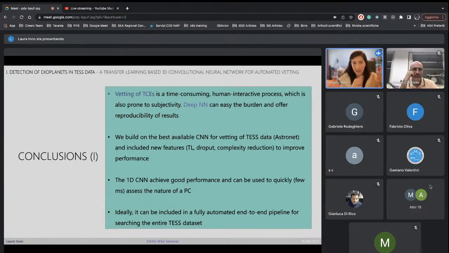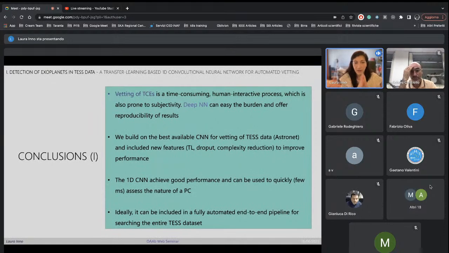As I mentioned before, we built the best available CNN for doing exactly the same job, the vetting of the TESS data, and included new features, which are transfer learning, dropout, and reduction of the complexity of the dense block, and we managed to significantly improve performance. The nice part is that you spend a lot of time training the CNN, but then it only needs a few milliseconds to give you the final classification.